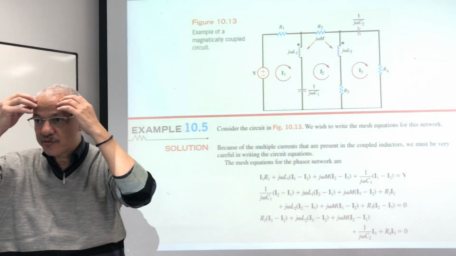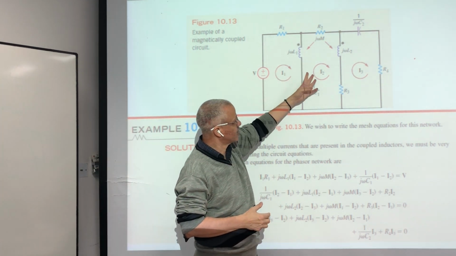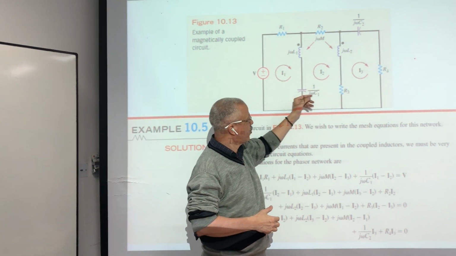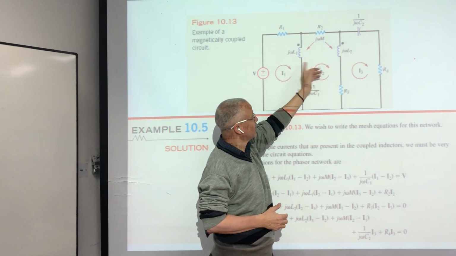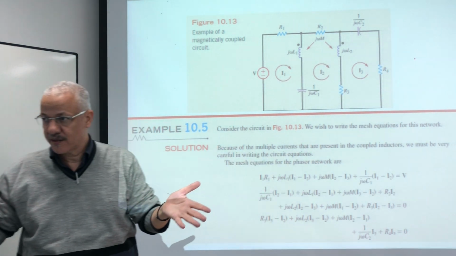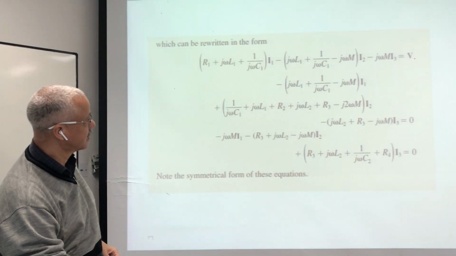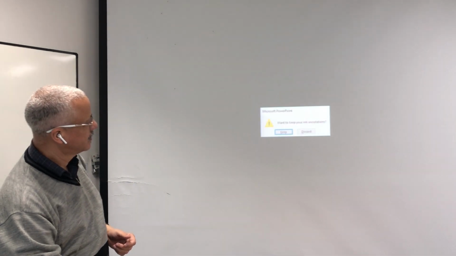So the concept of using the direction of the current is the same. You can assume I1 minus I2, I2 minus I3, or I2 minus I1, I3 minus I2, and consider this one, and you can take 3 loops as you have the solution. Is it clear? There's no problem. It's very easy, no problem.